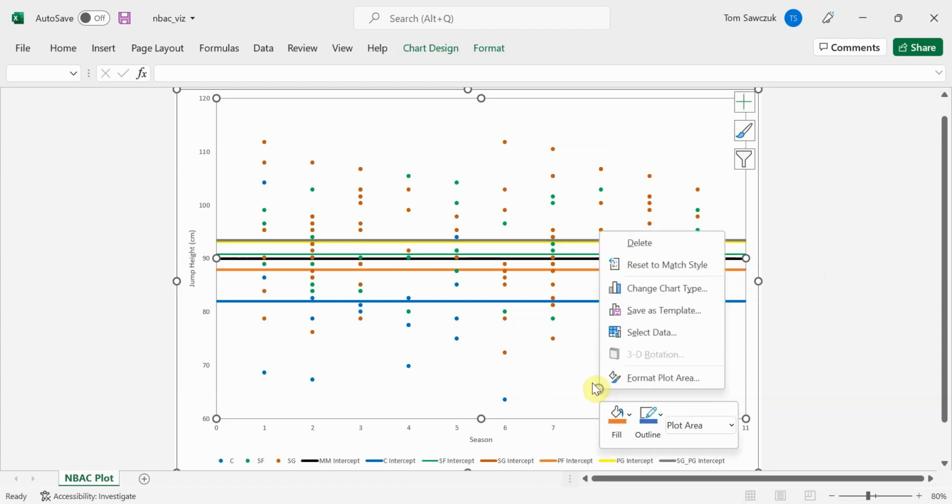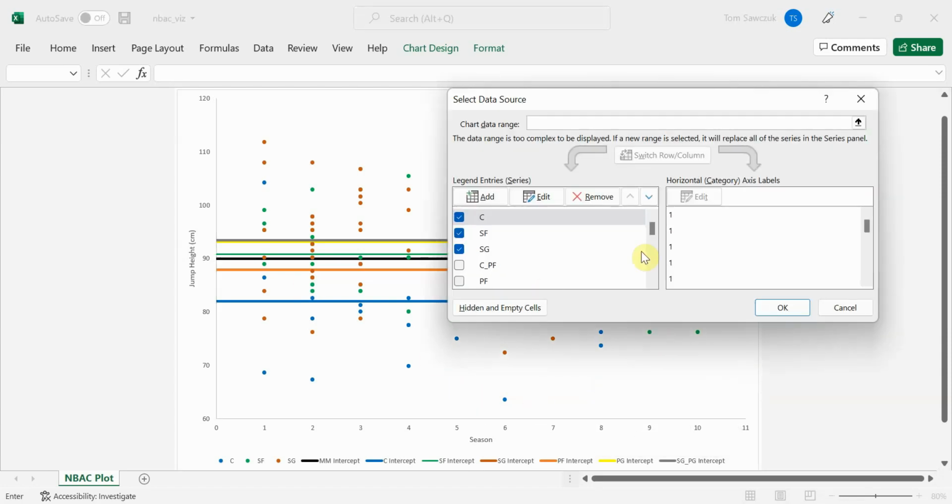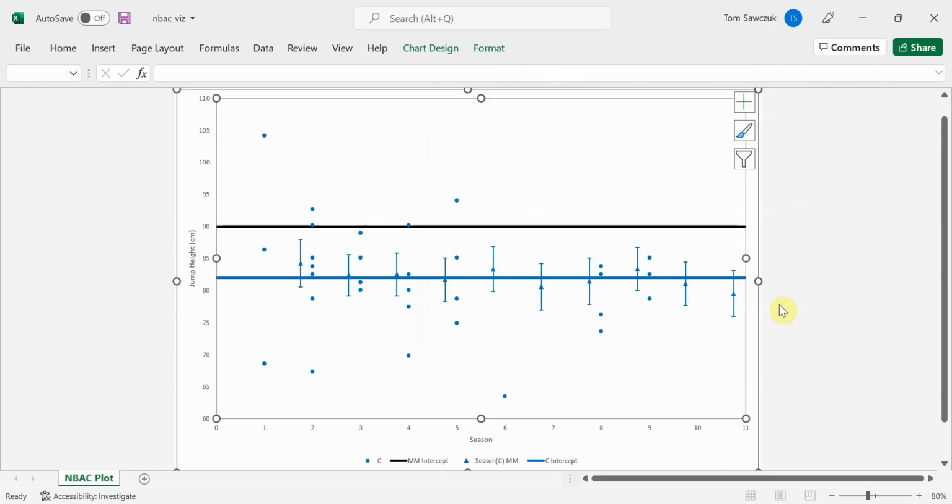We then have the within position variance, which is the difference between each individual estimate and all the points for that position. So the within participant variance is now the difference between these points and this estimate, because we have the season as a fixed effect within the model.